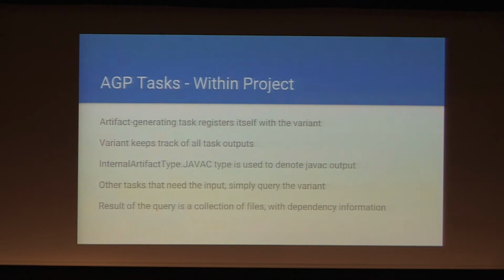And this is a much easier position to be in, because an artifact is typically produced only once. And all of the consumers, there might be many of them for a single artifact type, can simply refer to the artifact using the type, and they're going to be given something similar to a file collection that contains all the dependency information and also the location of these files to be fetched from the file system.